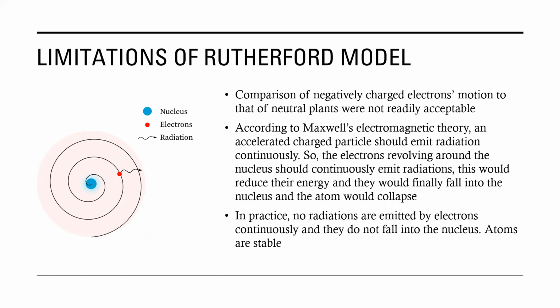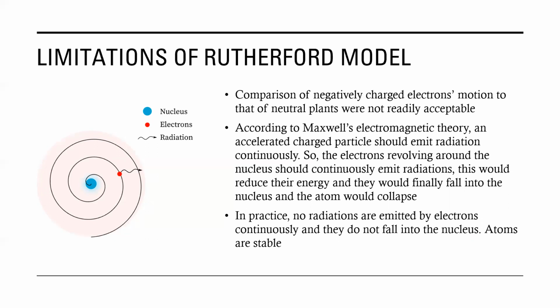And some said that the force between the electron and the nucleus is electrostatic in nature. You cannot compare a system where electrostatic force is dominant to another system where gravitational force is more dominant.